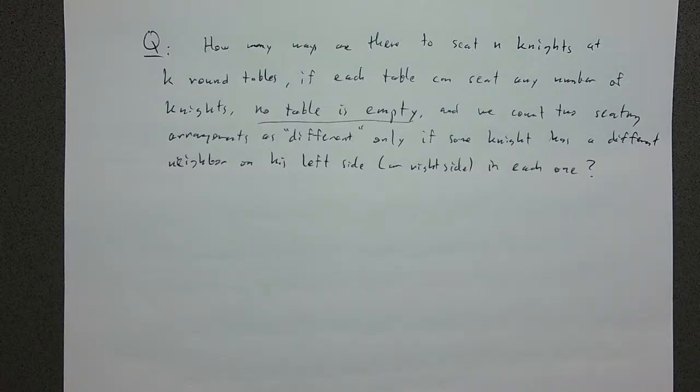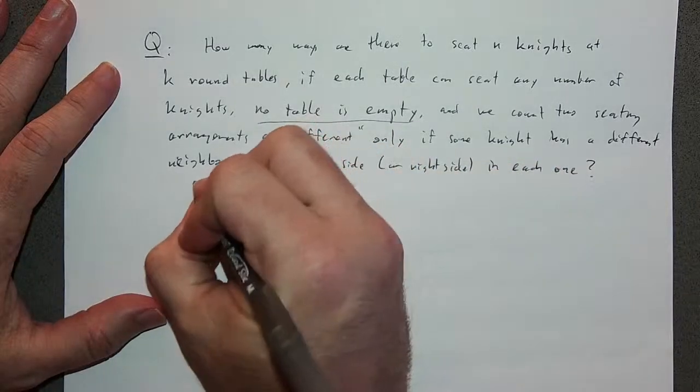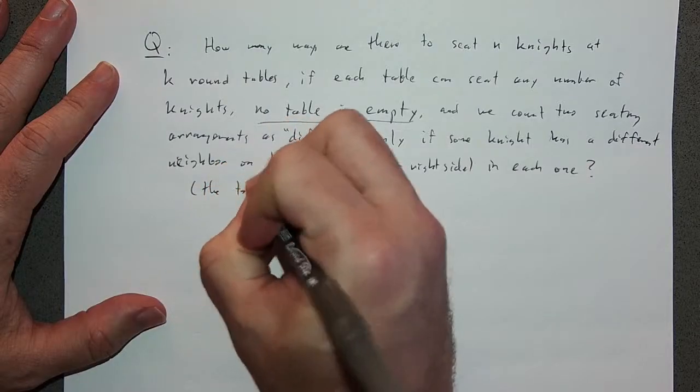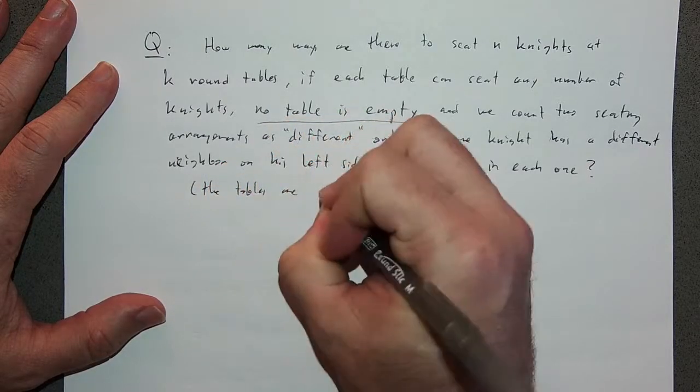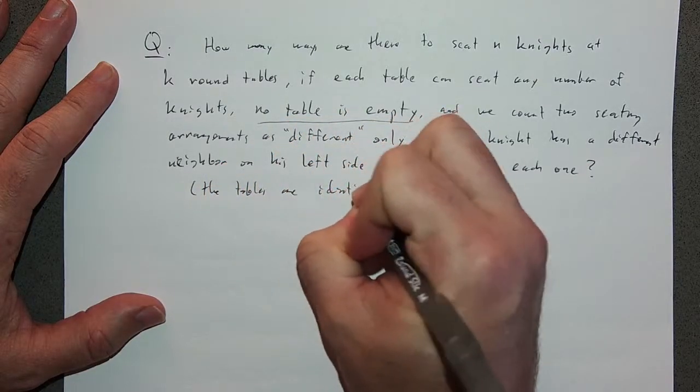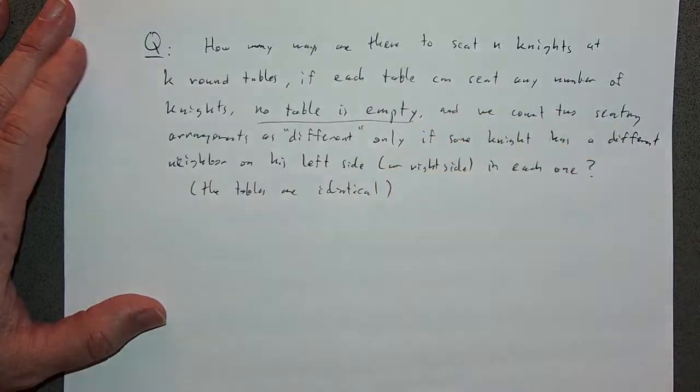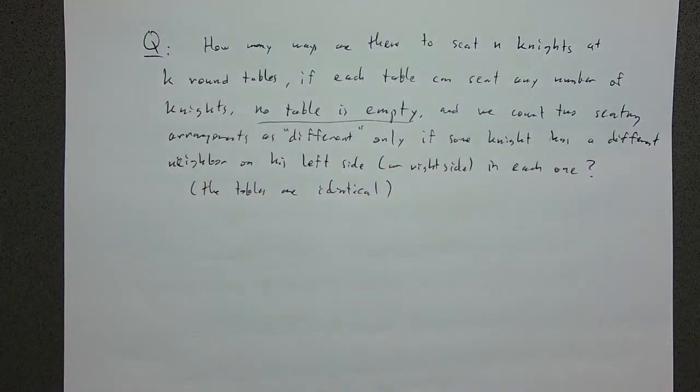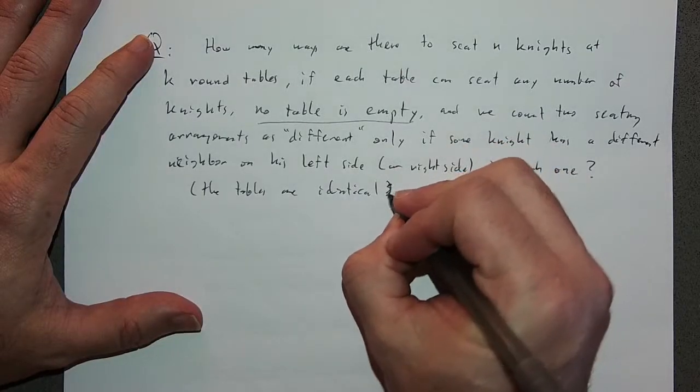The tables are identical here, so there's no distinguishing between the tables. They're all identical round tables. So which particular table is occupied by which group of knights doesn't matter. So once a group of knights is assigned to a table, we must account for all possible seating arrangements there.